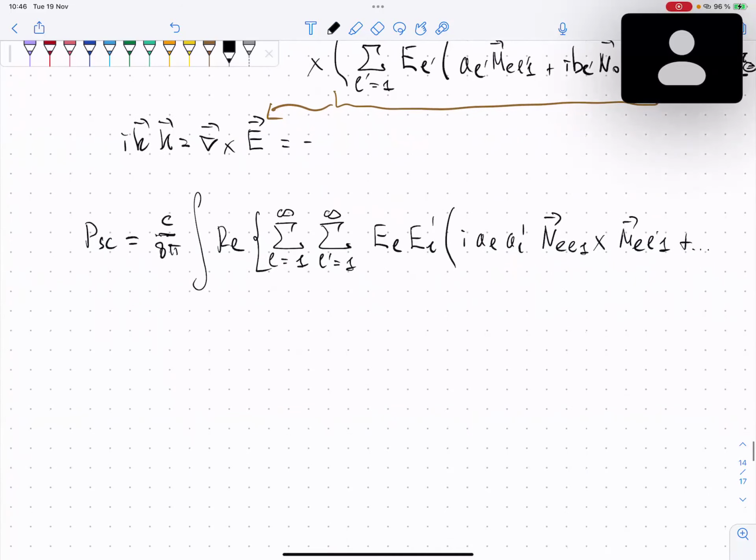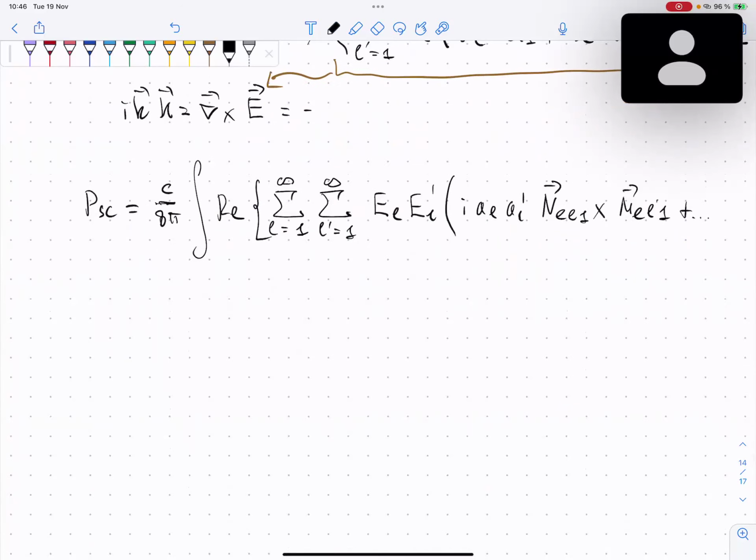And when we calculate these integrals, we will see that it's possible to introduce one more orthogonality relation for vector spherical harmonics.